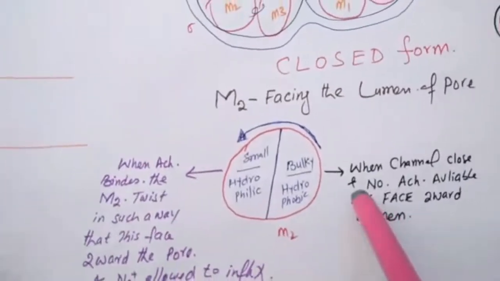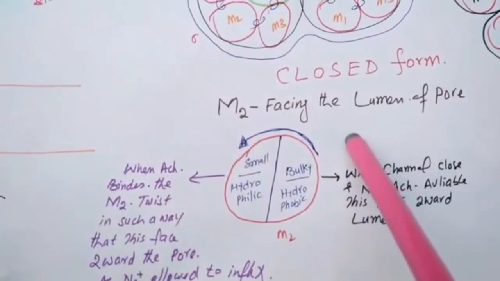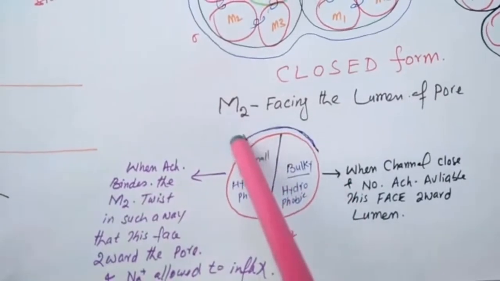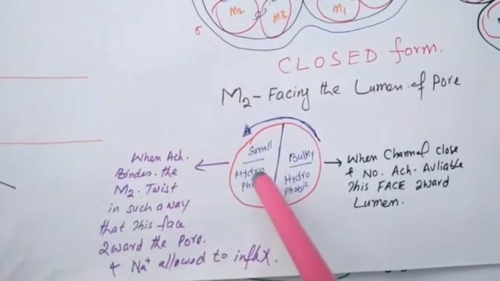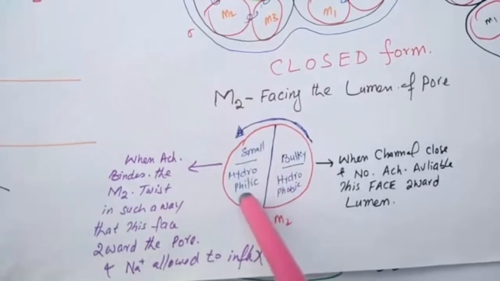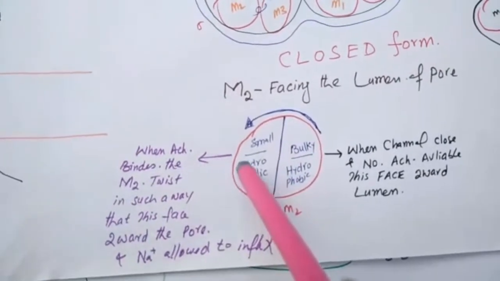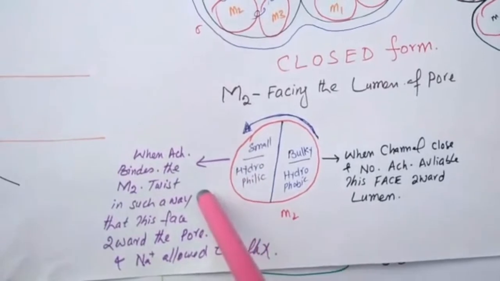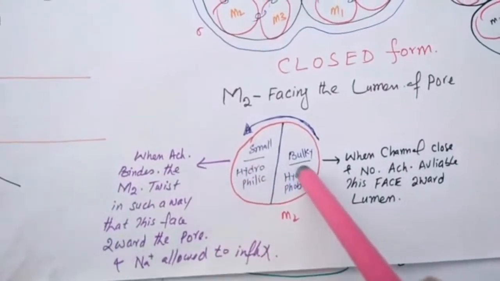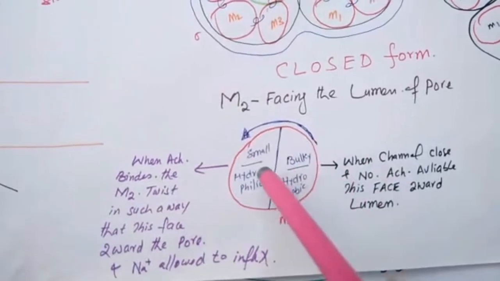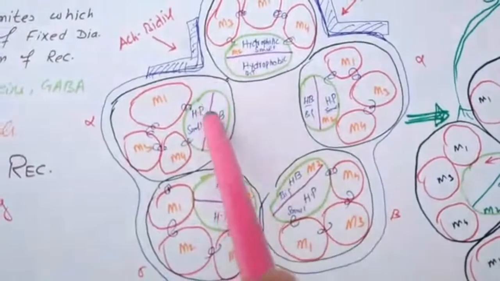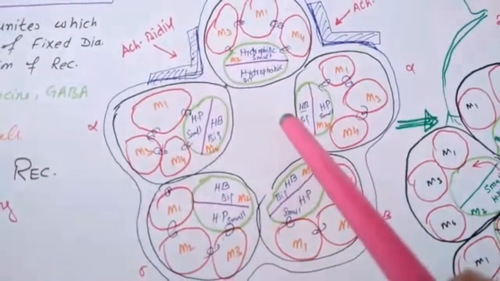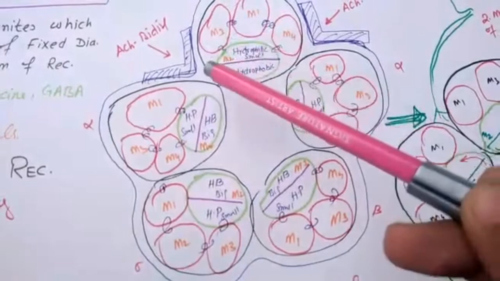But once there is acetylcholine binding with this channel, there is twisting in this M2, in such a way that this small hydrophilic face is now toward the lumen, and this bulky hydrophobic is backside. So once this M2 twists, all M2 will twist.